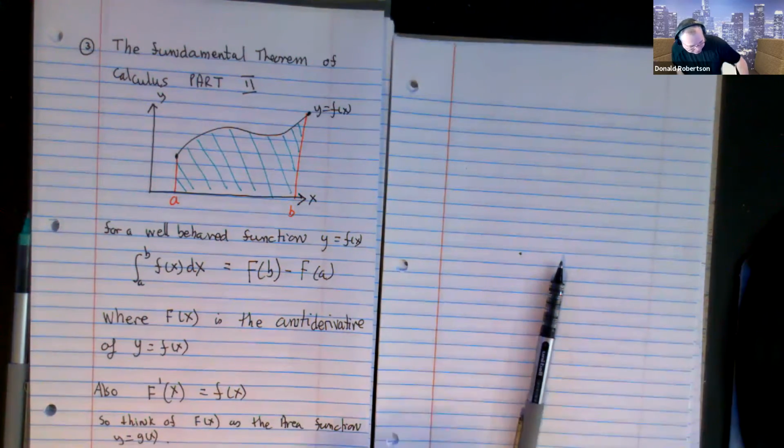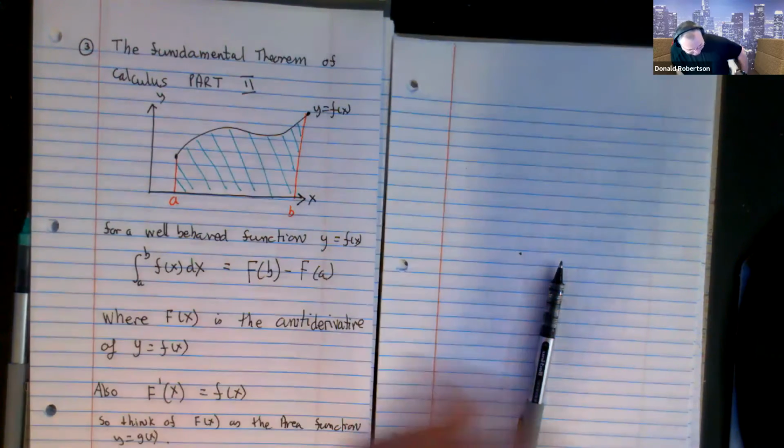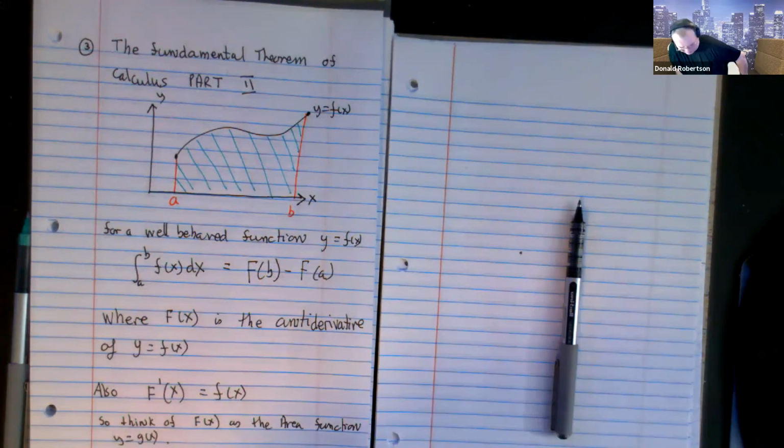These functions that we do all of this with, we're making the assumption that they're well behaved. Well behaved means they're continuous. There's no weird holes in them. There's no vertical asymptotes. You can differentiate them, right? They're just normal curves, nothing weird about it. So that's all I mean when I say well-behaved.